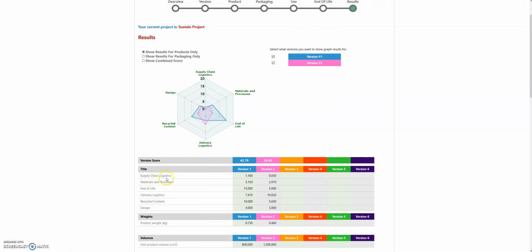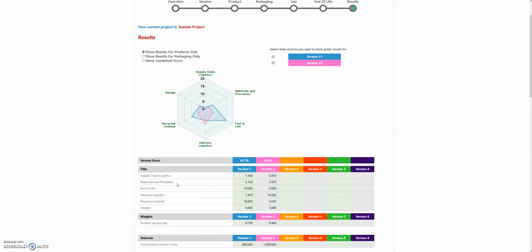So for example, supply chain logistics looks at where you manufacture the product and where the materials for that product are being brought from to the manufacturing point, and also the mode of transport. So if you're transporting your materials a long way by a polluting mode of transport such as air, you would have a high score. If you're sourcing them locally and transporting them by road, you would have a much lower score.